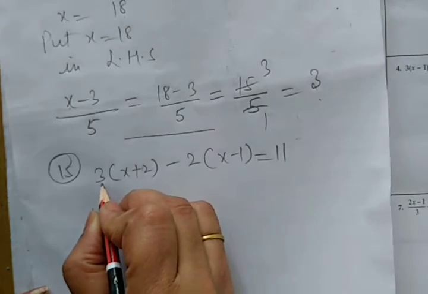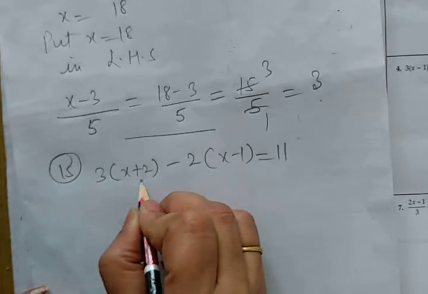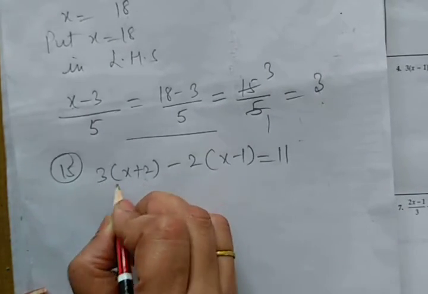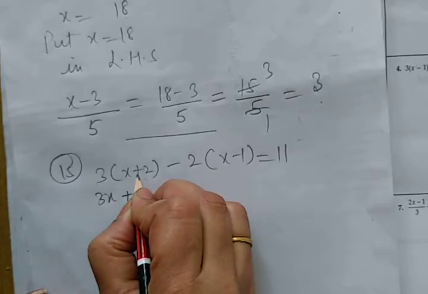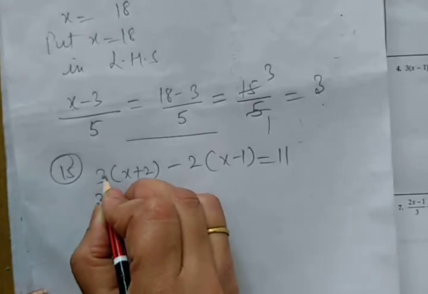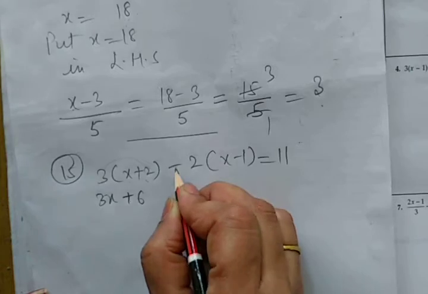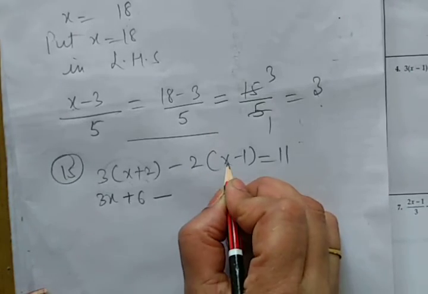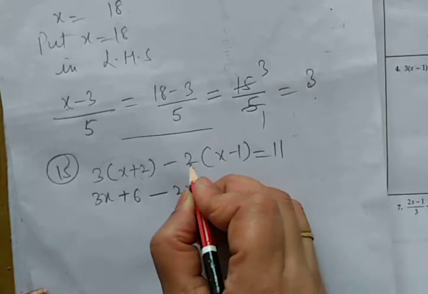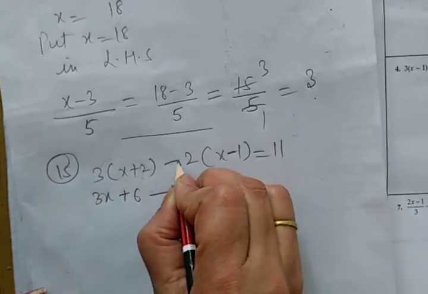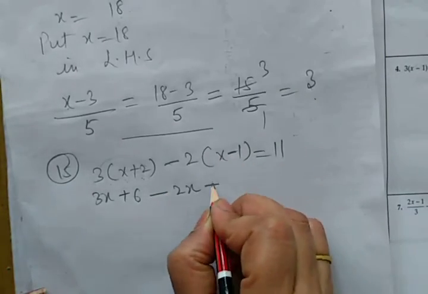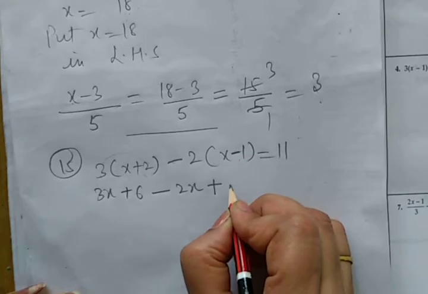Now first of all, this number will be multiplied inside. So this will become 3 into x, 3x plus 3 twos are 6. Then this is minus 2. So minus 2 into x, 2x, and minus into minus will become plus. So it is 2 ones are 2.